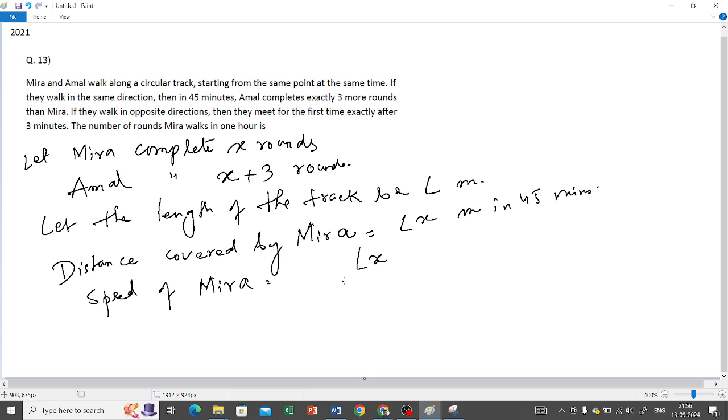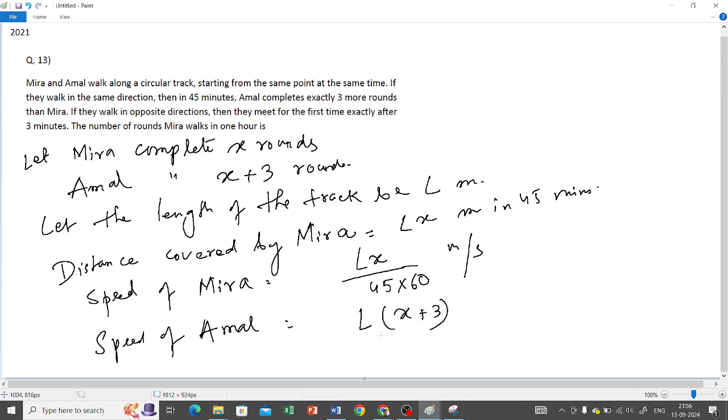It is distance divided by time in seconds, right? Meter per second. Therefore, the speed of Amal is going to be what? L into this divided by 45 into 60, right? Because both of them cover different distances in the same time.